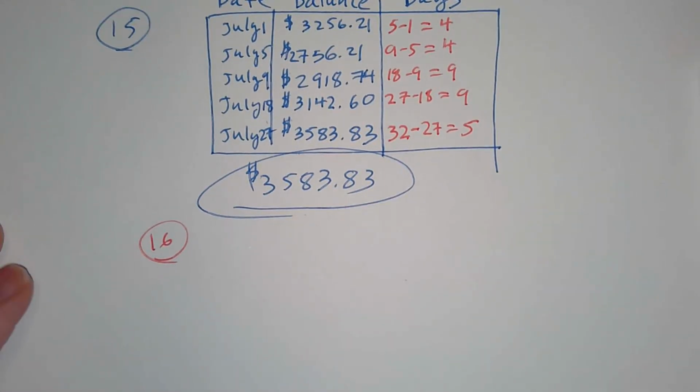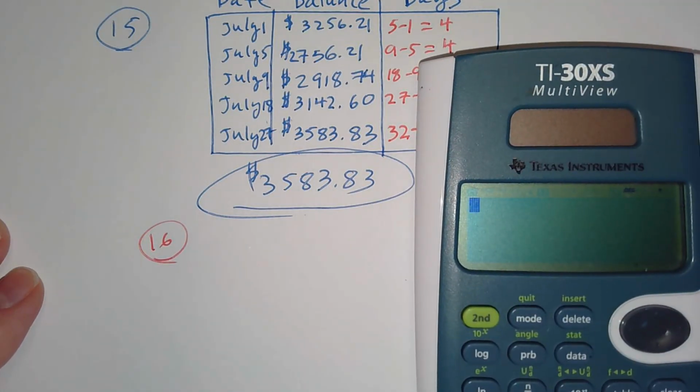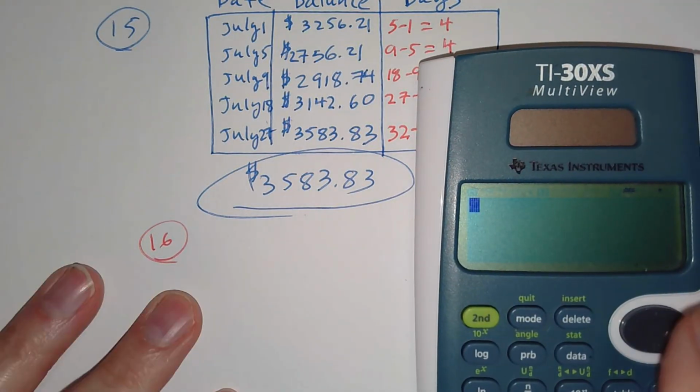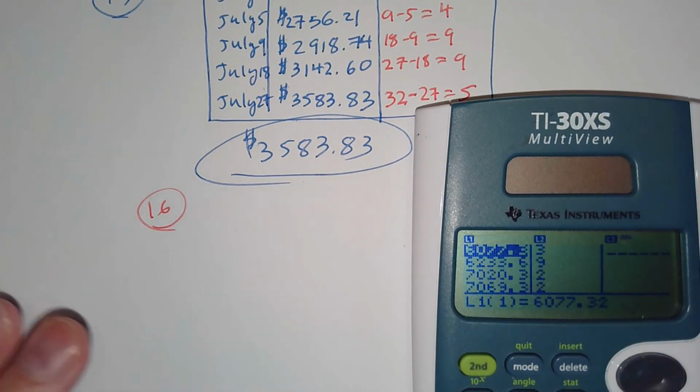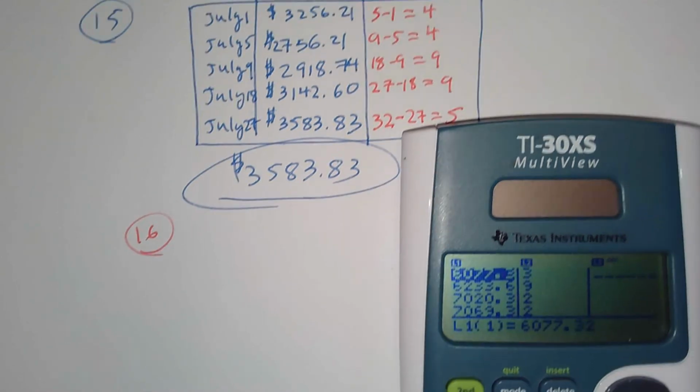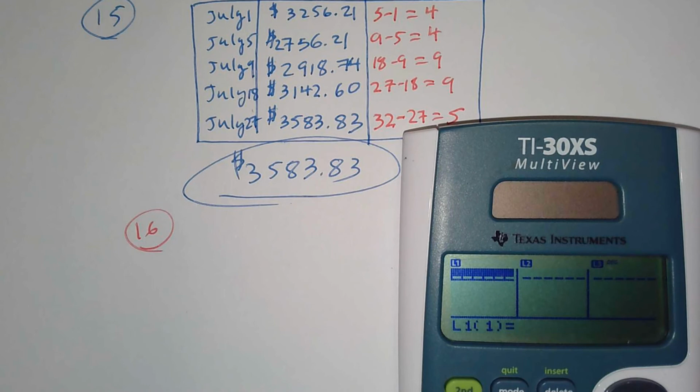So then for problem number 16, we're going to be putting this in our calculator. So let's review how we do that. So we're going to hit the data key. Now you can see I have old data in there, so I want to hit the data key again and then type 4, because that clears everything out.